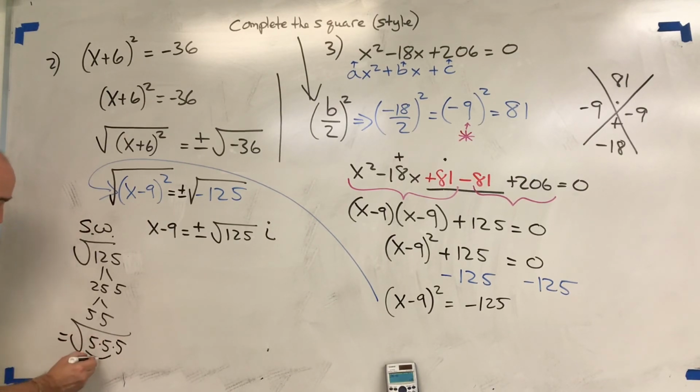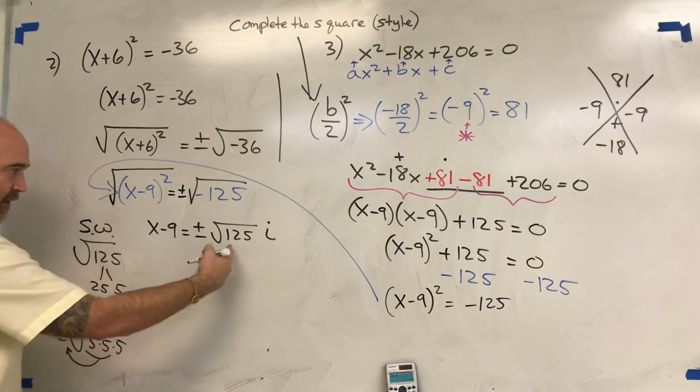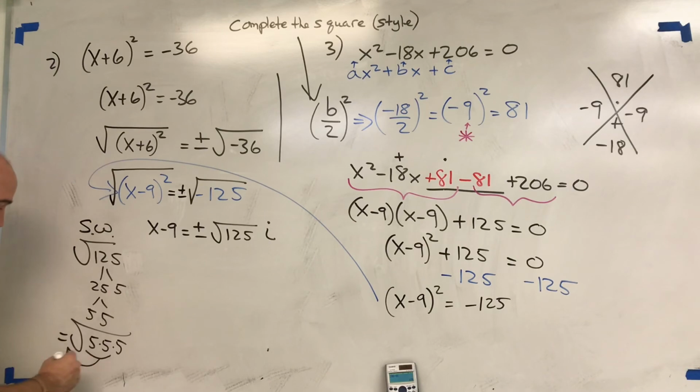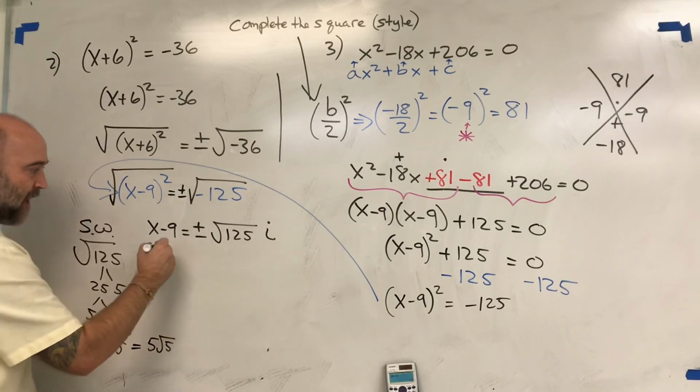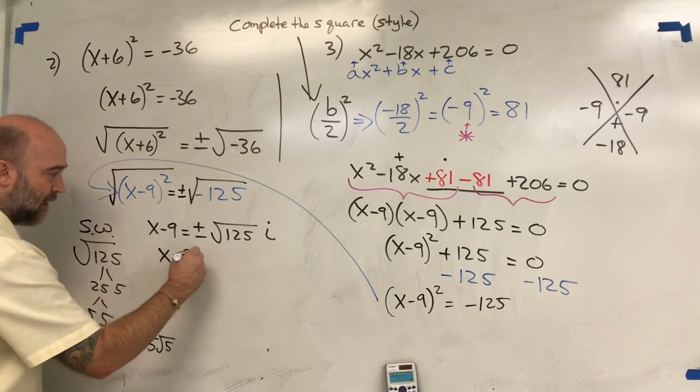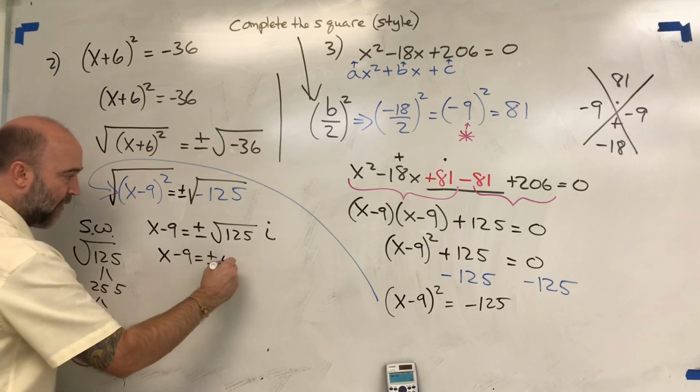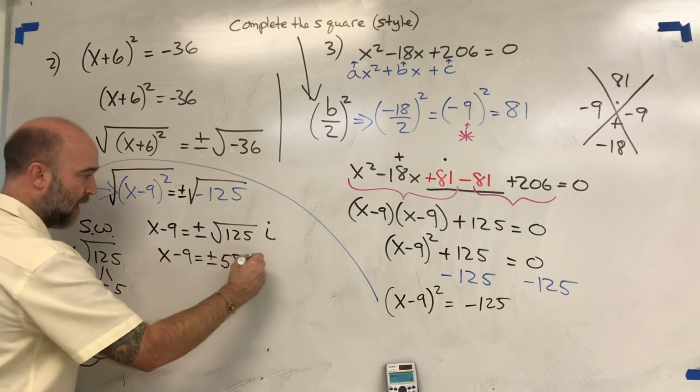There's a pair of 5s there. So 1 comes out, meaning this is 5 on the outside. I'll just write it: this is 5 root 5. That's what that turns into. So then I'll rewrite it. X minus 9 equals plus or minus 5 root 5 i.